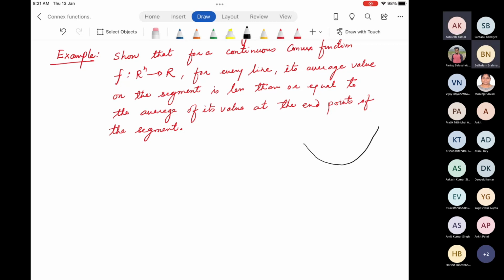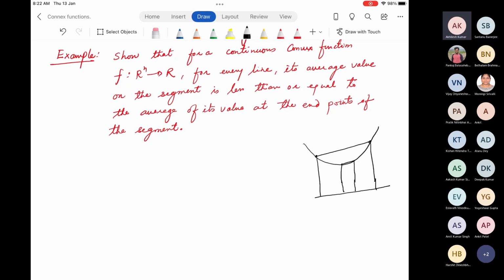Something like this? You can take a small or large segment, it doesn't matter. The average value on the segment is almost like Jensen's inequality. When we consider this segment, you will have some average value.